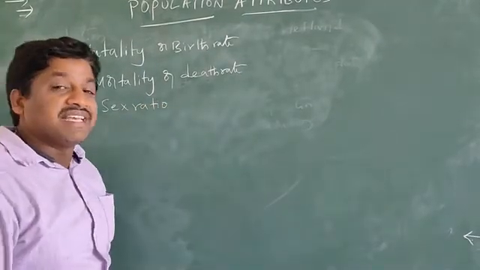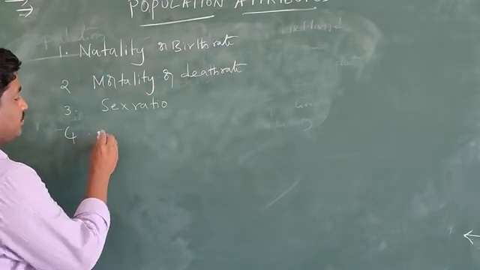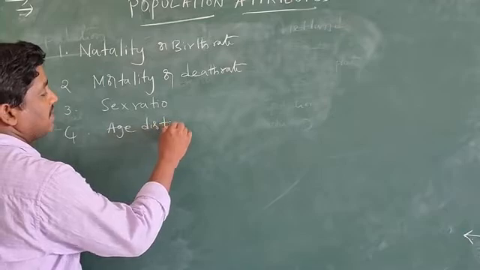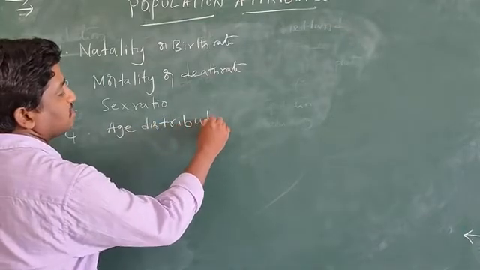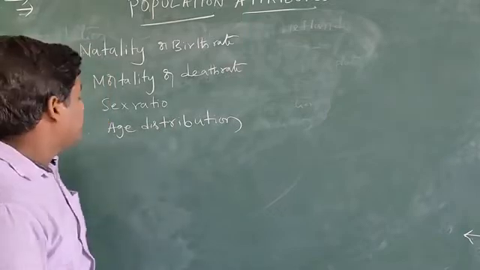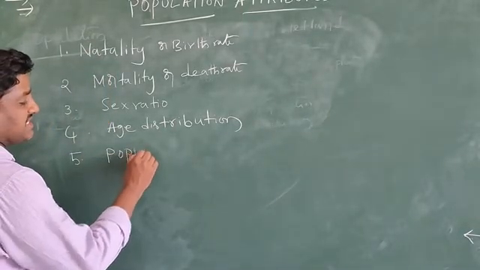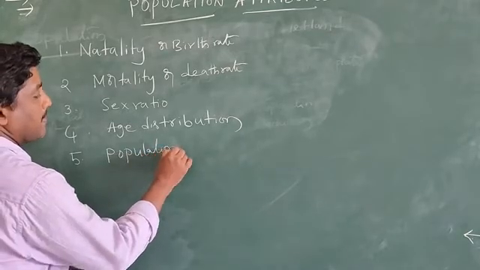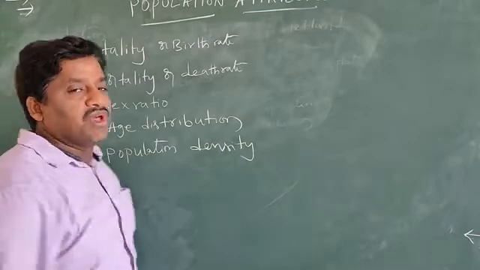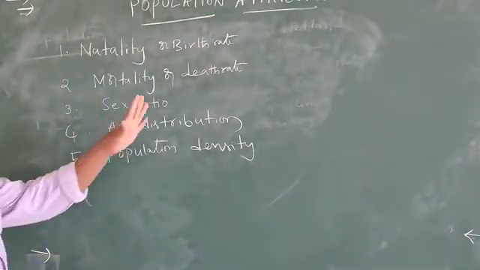Third one, sex ratio. Fourth one, age distribution. Fifth one, population density. So these are the population attributes.